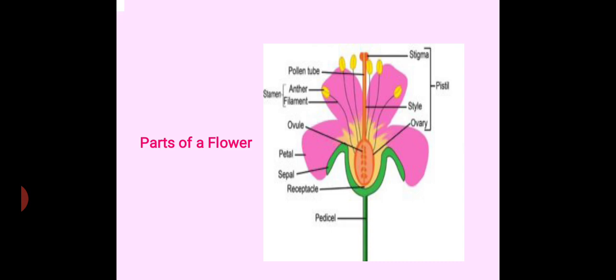Stamen is jointly said, two parts are there, anther and filament, and pollen tube. One more main part is here, the pollen tube.